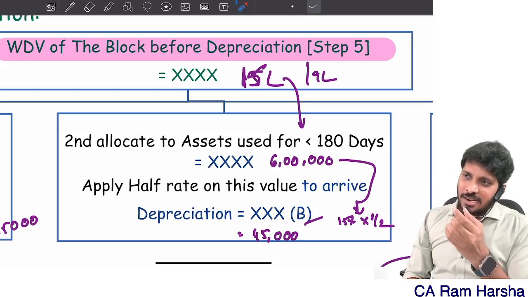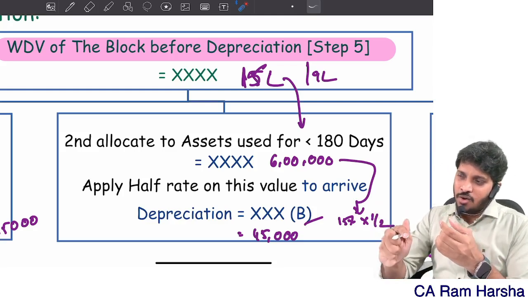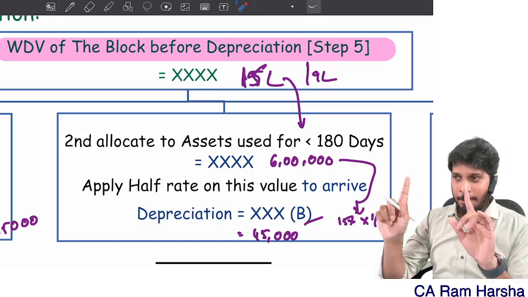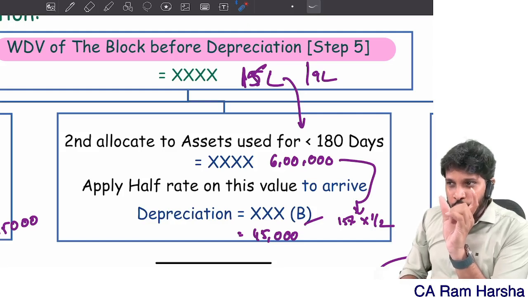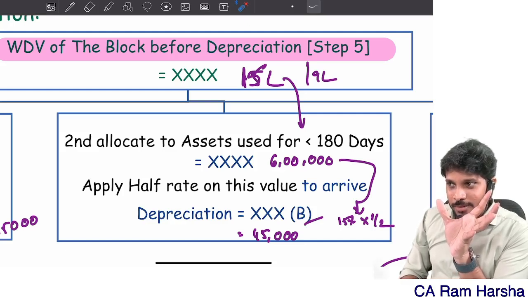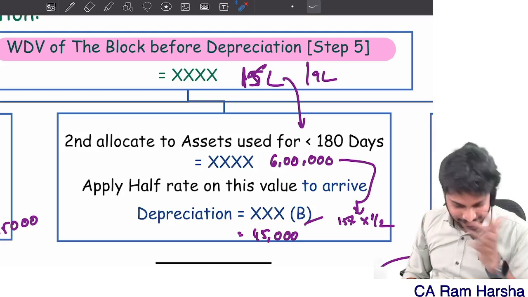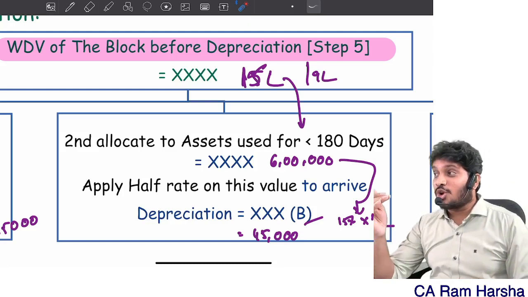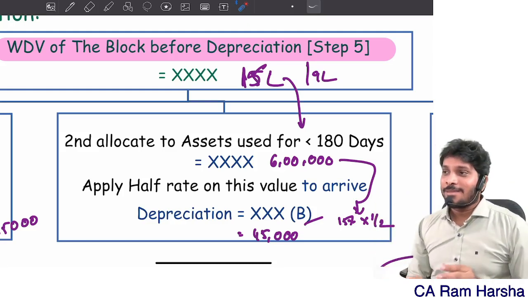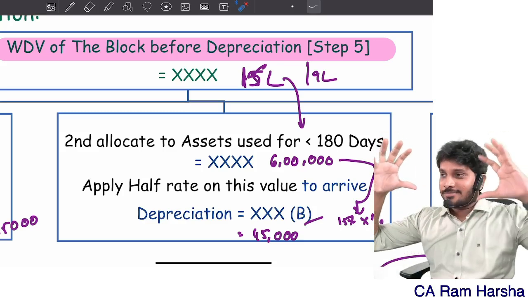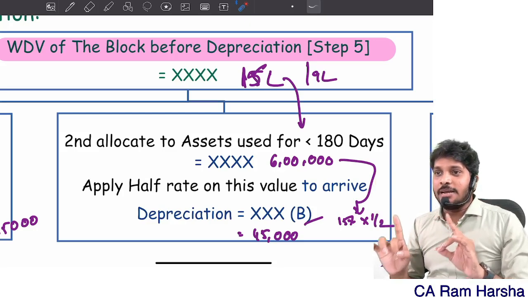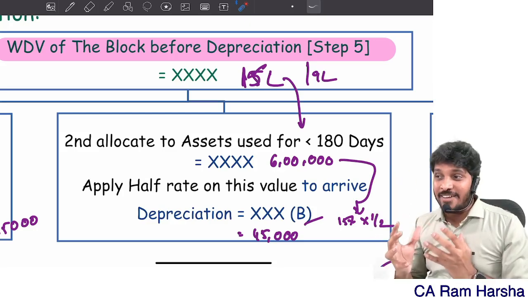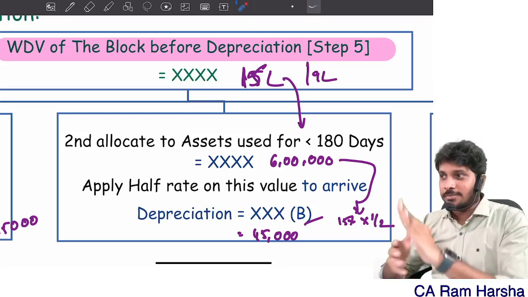Generally we sell newly purchased assets, old assets. Balance value available, is it belonging to new assets or old assets? Don't mug up. So logical, I'm asking. Some value is there. I sold. Sale value generally belonging to, logically tell me, sale value belonging to new assets or old assets.